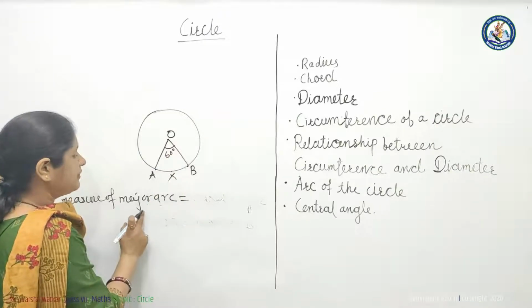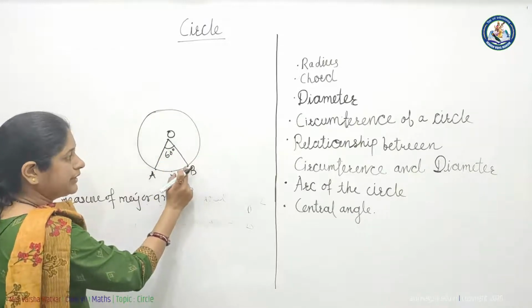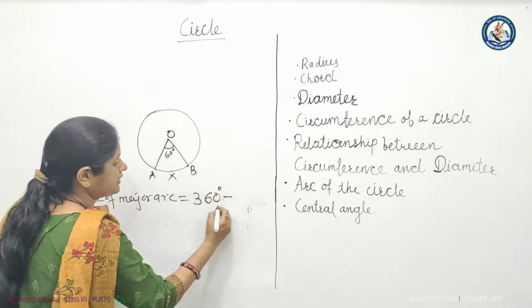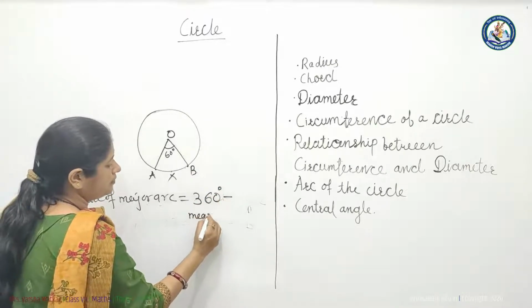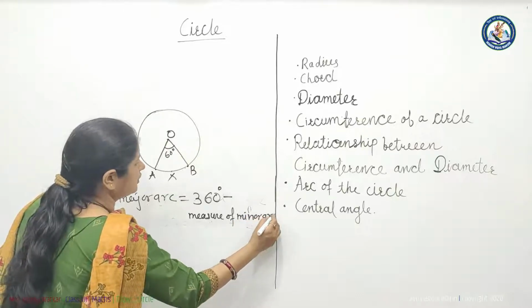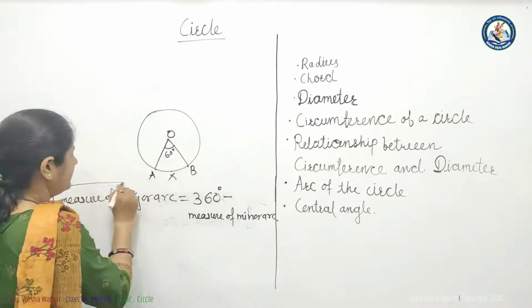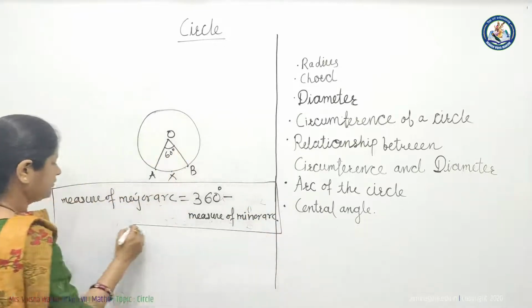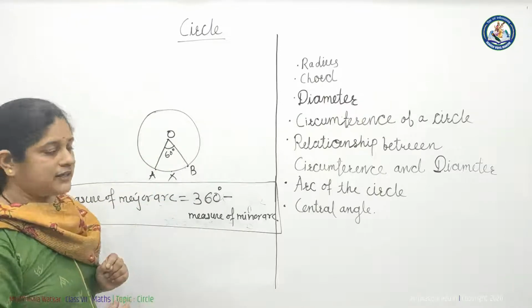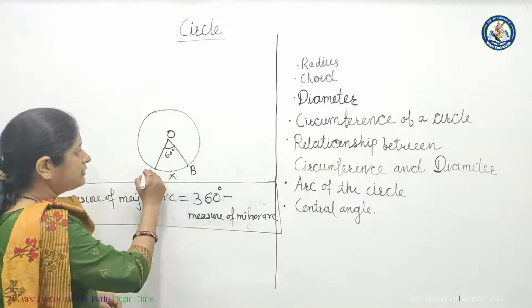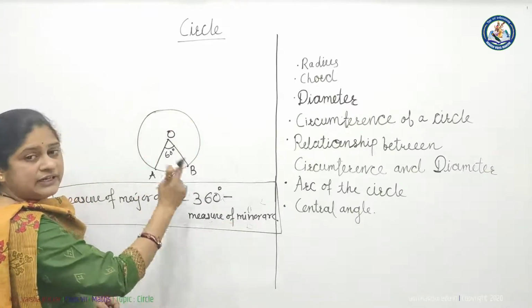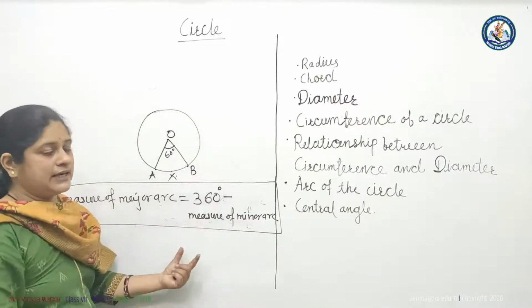The formula: measure of the major arc is equal to 360 degrees minus the measure of the minor arc. Dear students, what will be the measurement of the major arc if the minor arc is 60 degrees? 360 minus 60, so it will be 300 degrees.